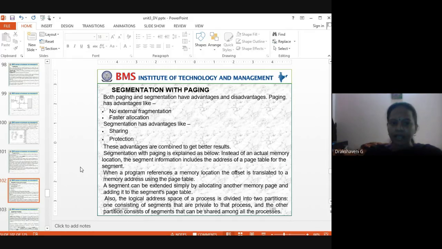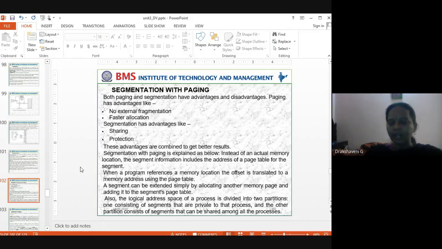Paging has advantages like no external fragmentation and faster allocation; you can allocate or store the data very fast. In the same way, segmentation also has advantages like sharing. You can share things.